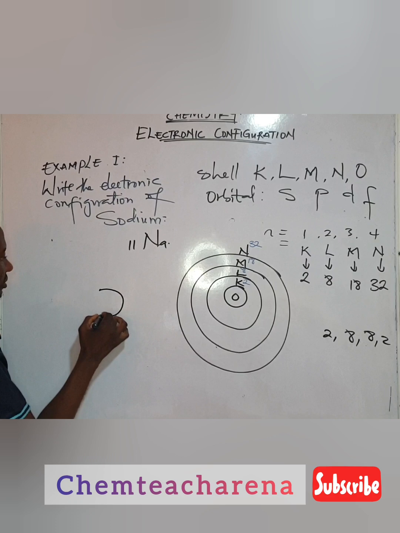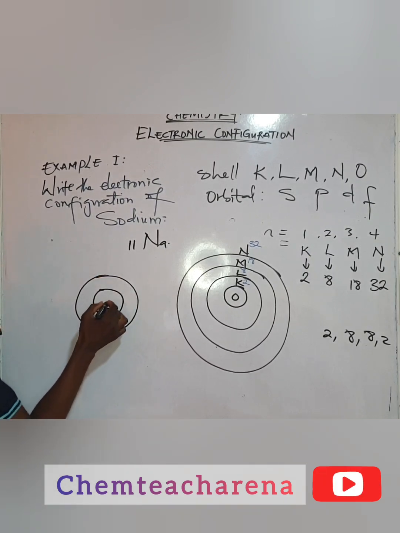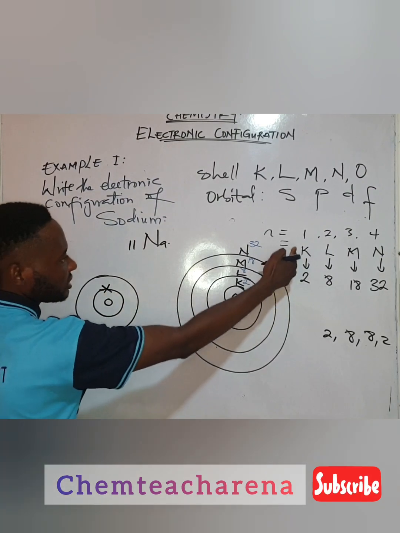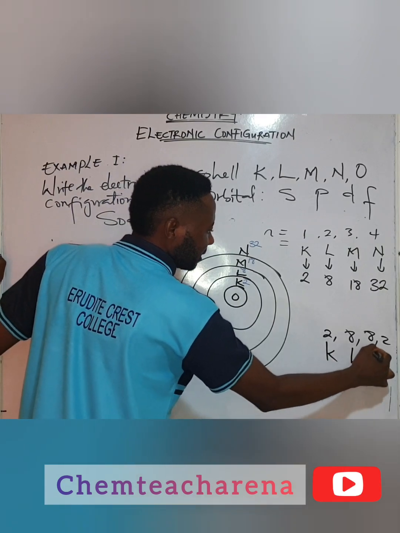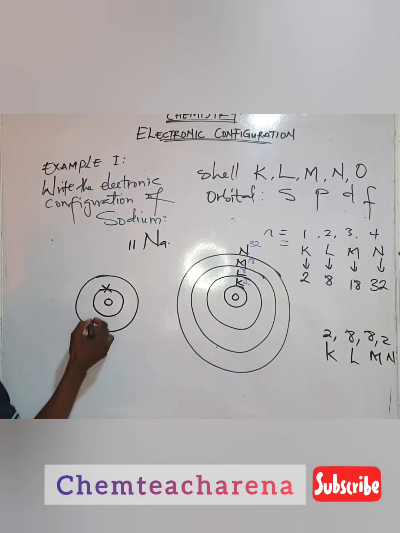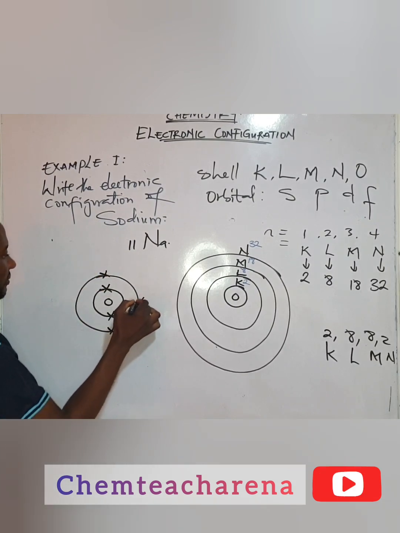We have 1, 2. So this is the nucleus. We are following this now. Let it be my K, L, M, N. The first one we take 2. The second one we take 8.